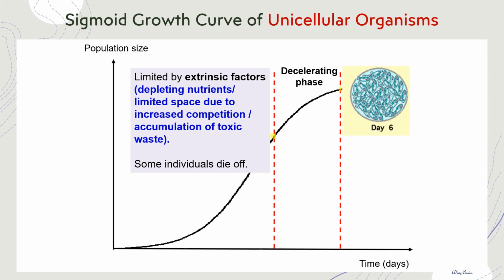The organisms will compete for the nutrients, the space, and also they may have the problem which is the accumulation of the waste by the organisms, and the weak individuals will die off. This is why the final number of organisms in the petri dish is not much different from the initial number in this phase, because in each unit of time, the number of organisms increases constantly.